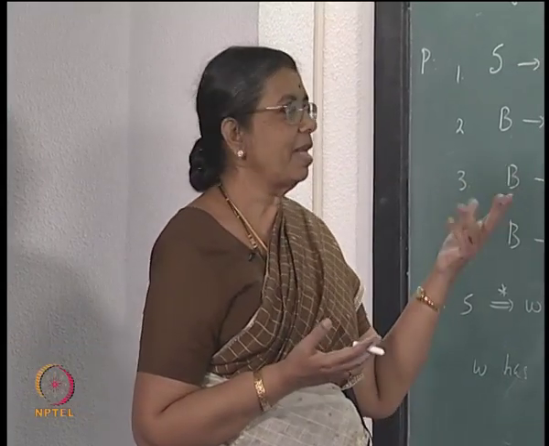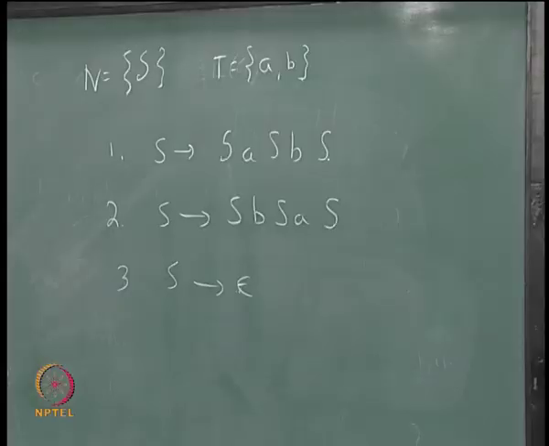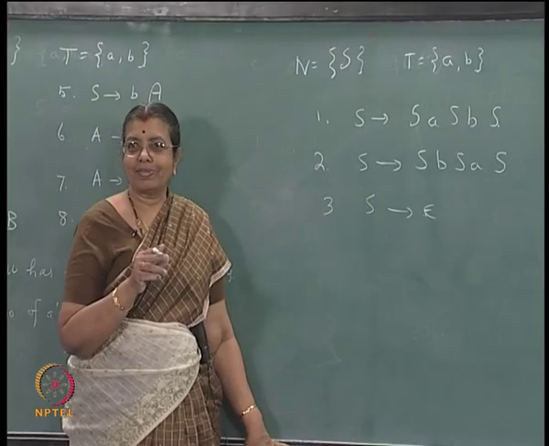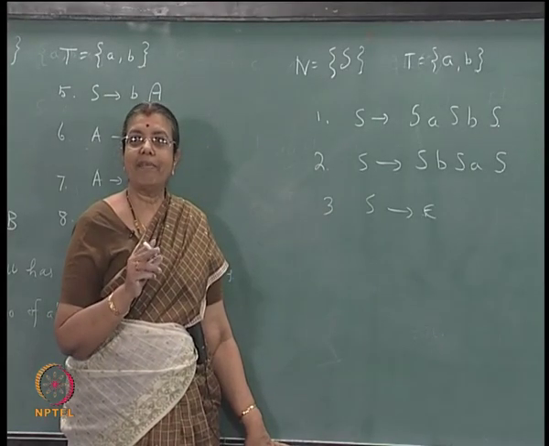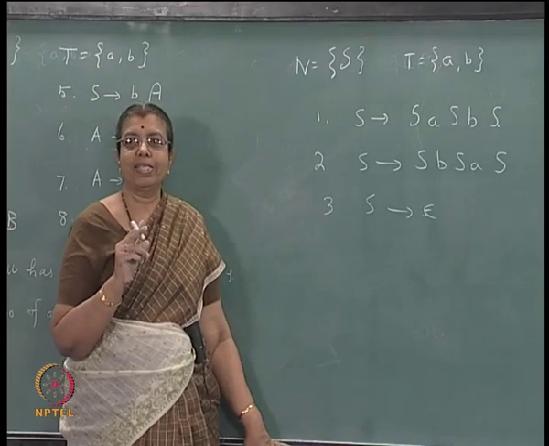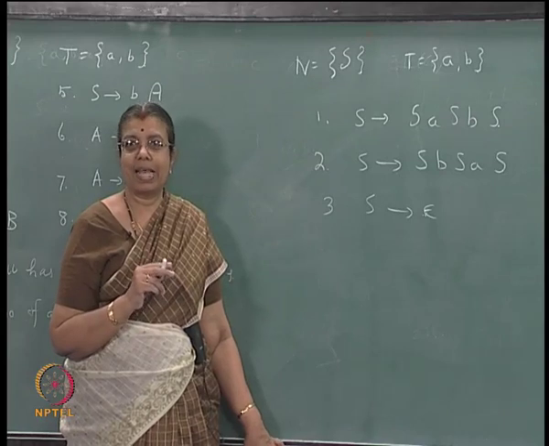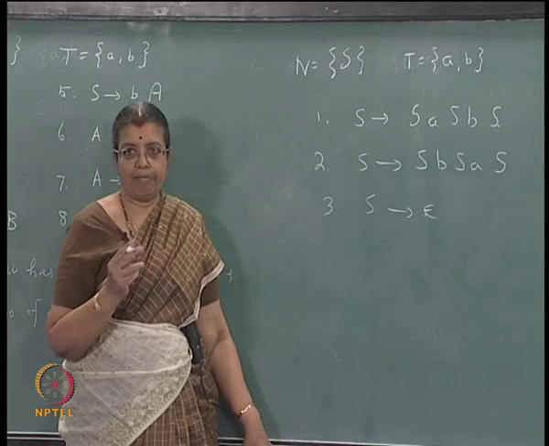In between, some of the S's you can make go to epsilon. So, it is very obvious that any string generated by the grammar will have an equal number of A's and B's, but you have to prove the converse also. Any string having an equal number of A's and B's will be generated by this grammar. That is not as easy, that is not very trivial.